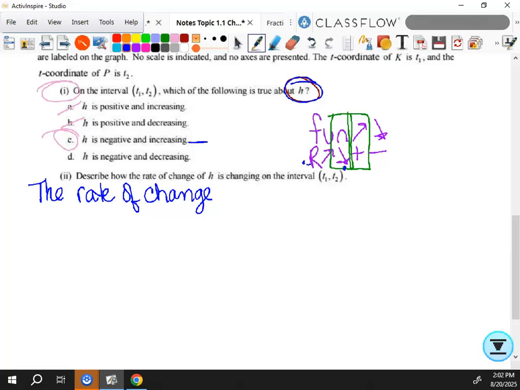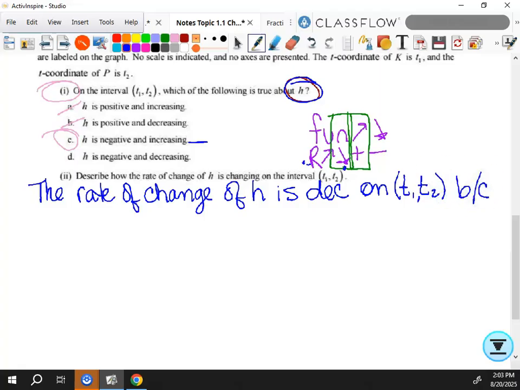Is that good? This can very easily get muddled in your mind. You have to remind yourself, am I looking at the function or am I talking about the rate of change? Make sure that those are separate and you know exactly what we're looking at. Does that help?